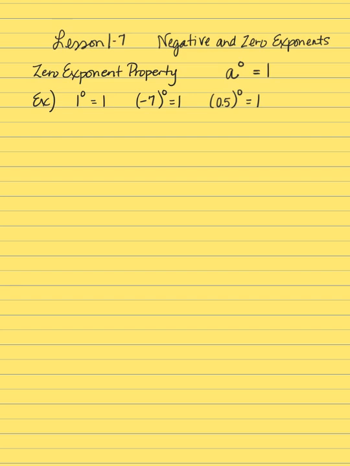The next thing I want to show you is what happens when you get a negative exponent, and I'll show you how this can happen sometimes. If you are doing a division problem, let's say for example, 4 to the 3rd divided by 4 to the 5th power.